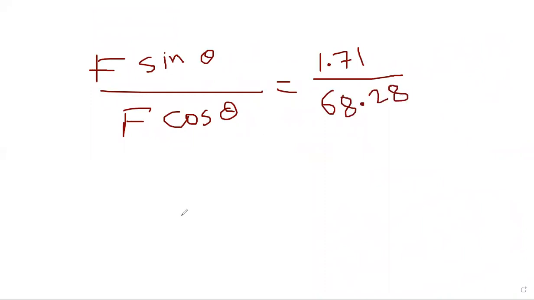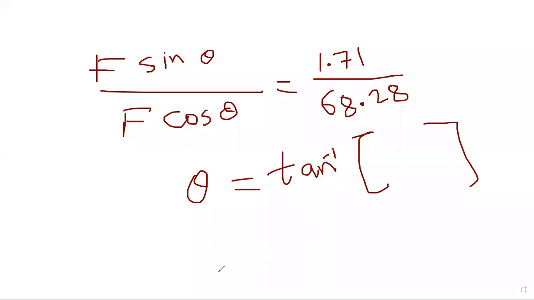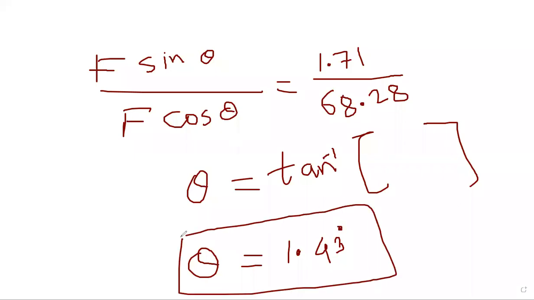Sin by cos is tan theta, so theta is equal to tan inverse of this value. 1.43, correct. Others, please reply, correct or not? Yes, sir, 1.43 is correct.